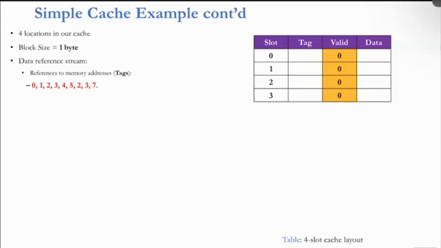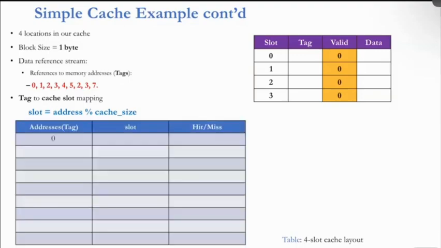In direct mapped caching, it follows a modular operation for slot allotment. That is, the slot is computed as the block memory address modulo the size of the cache. In our example, the size of the cache is 4, as there are 4 cache lines.